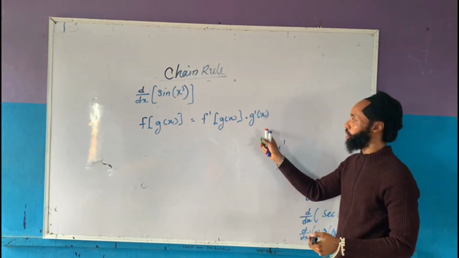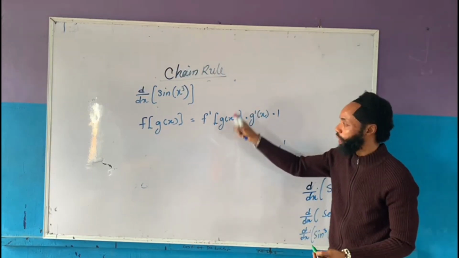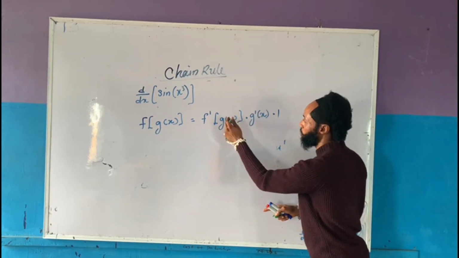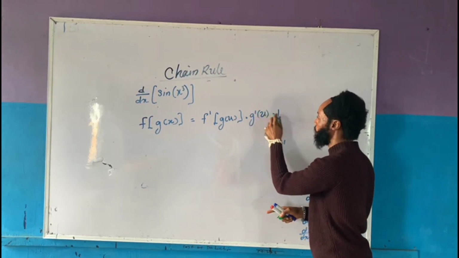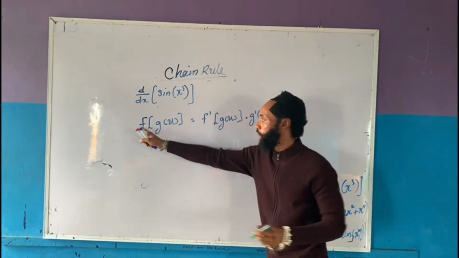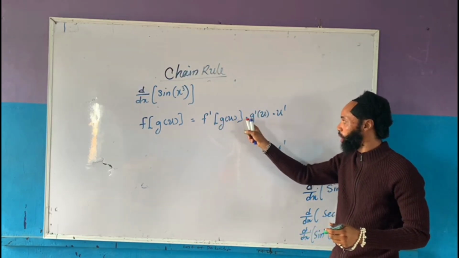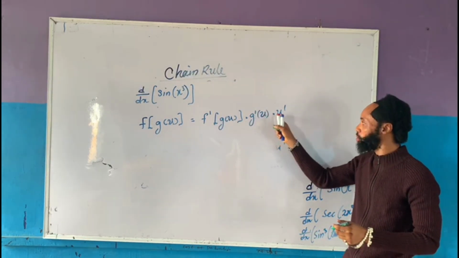If I use u, it will be f of g of u, then f prime of g of u times g prime of u times u prime.